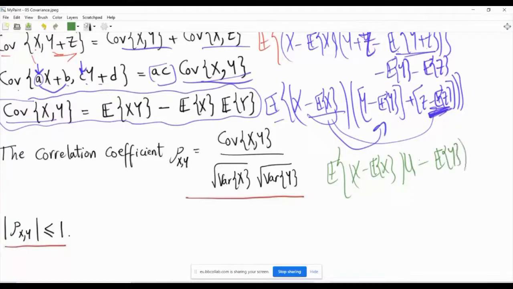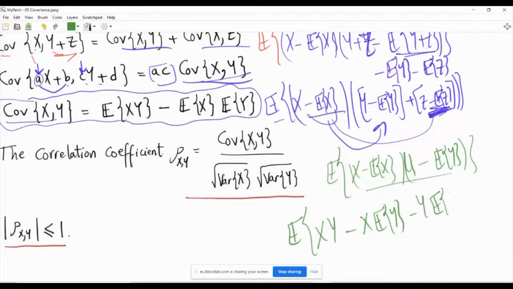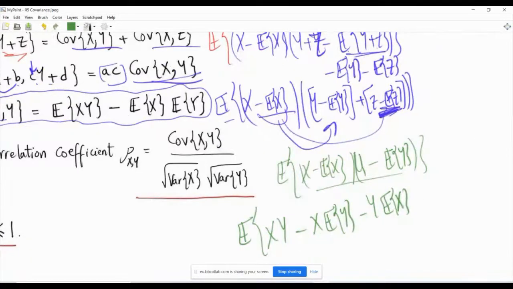If you multiply the two brackets, you get four terms: xy, minus x times expected y, minus y times expected x, plus expected x times expected y.